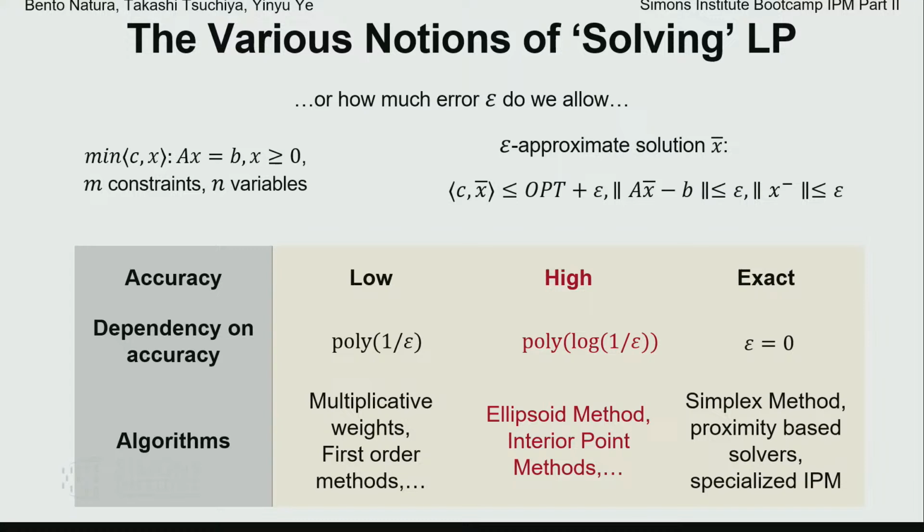There are some other algorithms where the dependency on epsilon is very low. It's called polylog 1 over epsilon. So the ellipsoid method, again, is an iterative procedure. Interior point also belongs to one of those kinds of things. If you apply interior point algorithms and really want to solve a linear program to very, very high accuracy, usually people do a so-called crossover.